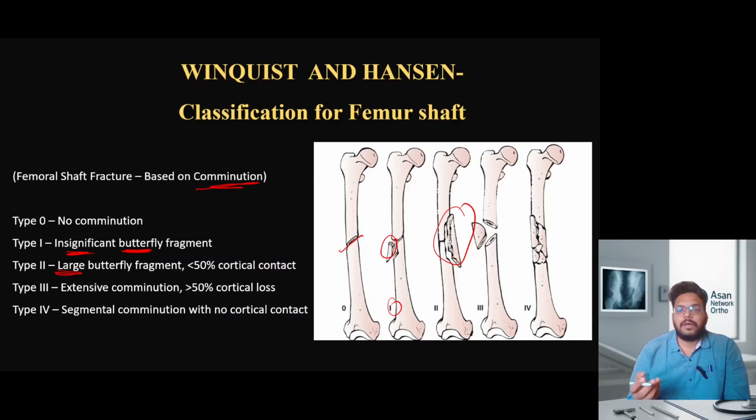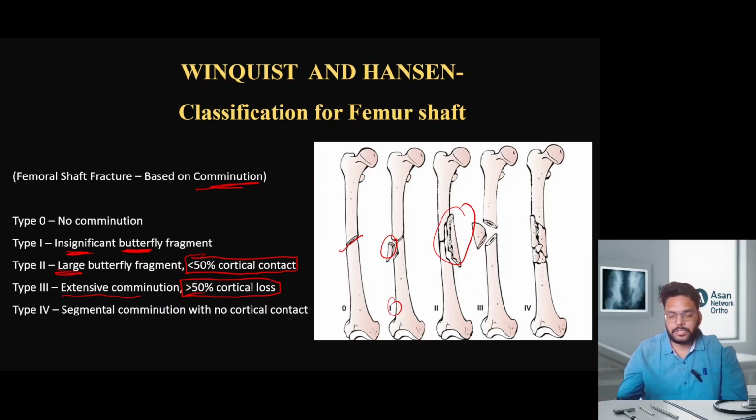How do you decide if it is a large butterfly fragment? If it has less than 50% of cortical contact, both proximally and distally, then it is a large butterfly fragment. Extensive comminution, where there is more than 50% cortical loss, is type 3.